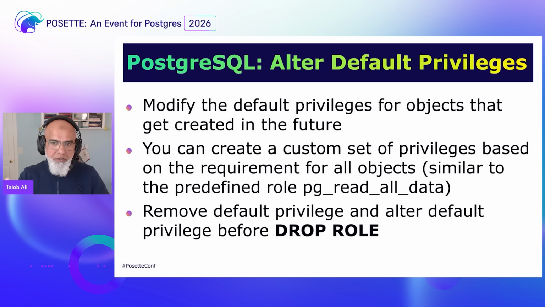So this is what I talked about in SQL Server, where we have built-in server level and database role. This is exactly for that reason you're going to use default privilege to create those roles. And if you want to create those roles for future objects, which is not the same as SQL Server, you have to use a command called alter default privileges. So let me show you that.